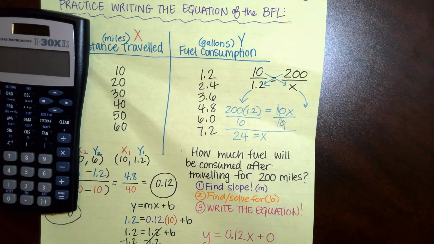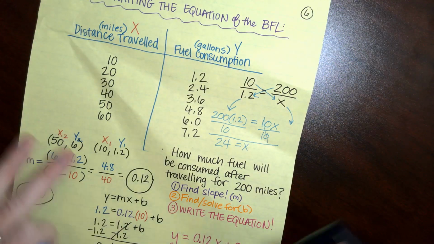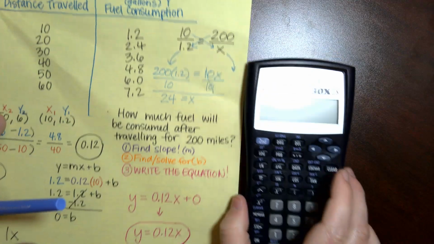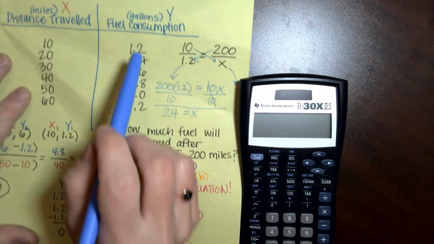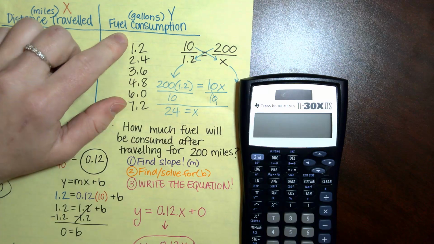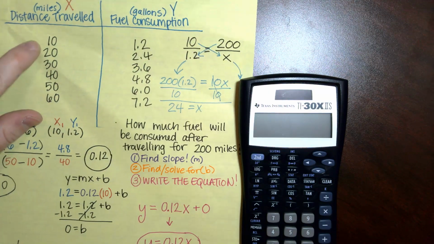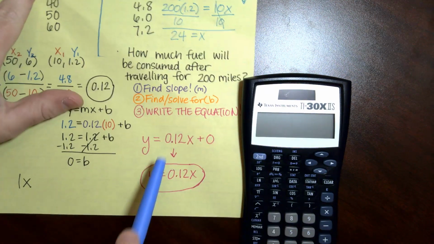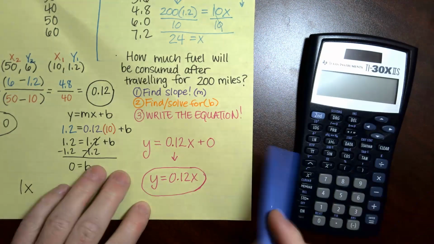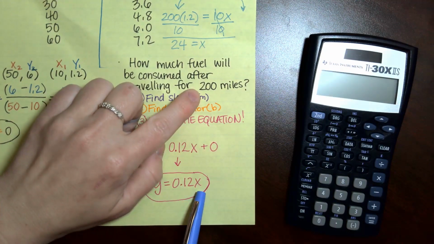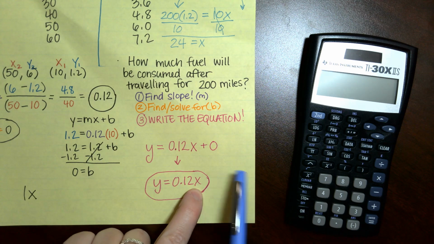Couldn't you just do 0.12 times 200? 0.12 times 200. That's what that equation down there is. Gives you 24. Yeah, it gives you 24. That's right. Now you couldn't do 1.2 times 200 because that's for 10 miles. But this equation, absolutely, because if you plug your X value, which is 200, into this equation, we're not adding anything after.